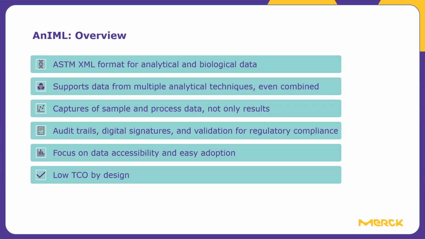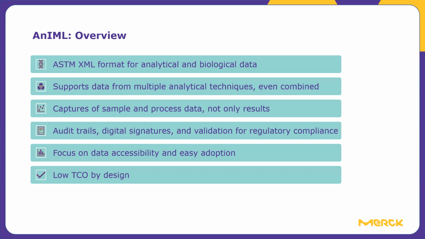Now you will find that many things in Animal are really focusing around data accessibility and ease of adoption, because a data standard needs to be at least as cost effective as a proprietary alternative. So obviously that is why we want those standards.